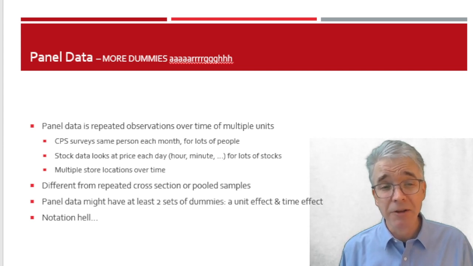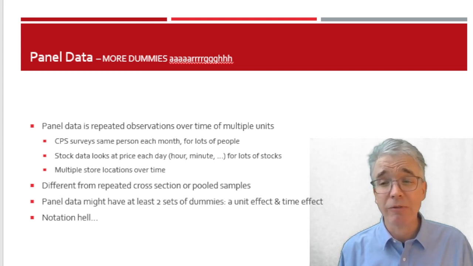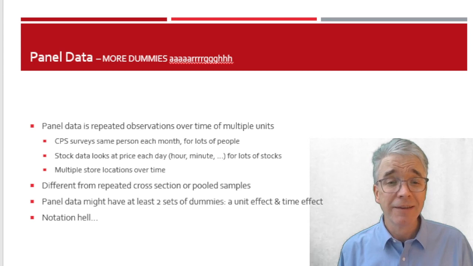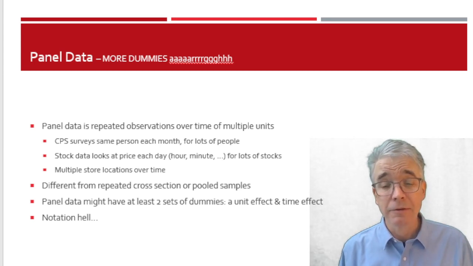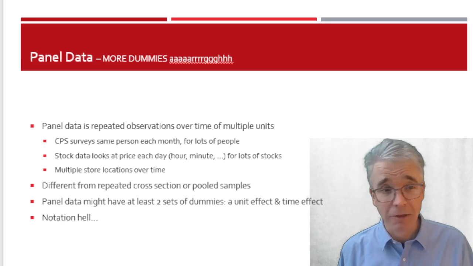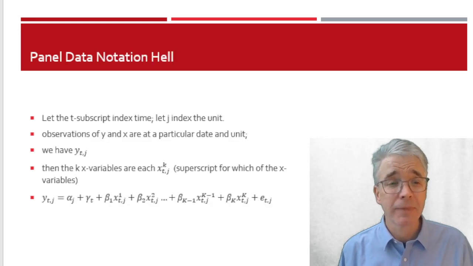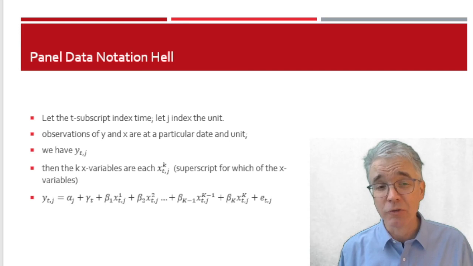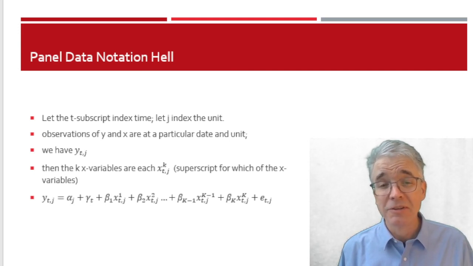Typically for panel data, though, we'd have two sets of dummy variables, a unit effect and a time effect, which, apologies in advance, notation hell. But it's in the service of trying to add clarity. The T subscript indexes time. The J subscript indexes unit.